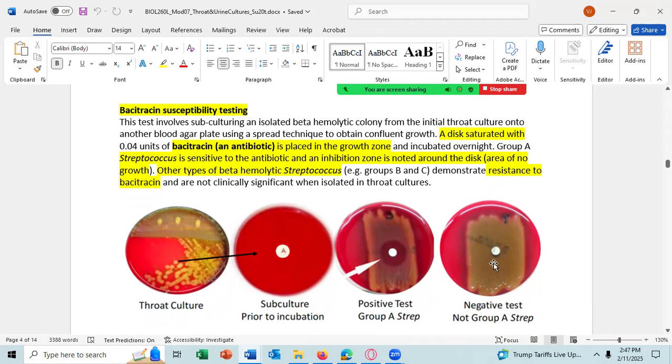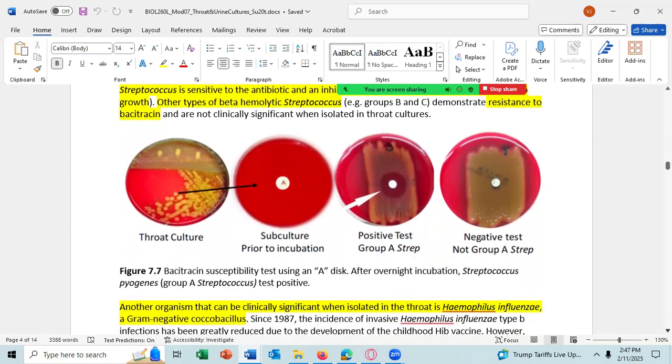If, on the other hand, it's negative, meaning there's no zone of inhibition, or the zone of inhibition is smaller than a certain size, then it's negative in the bacitracin test, and it's not Streptococcus pyogenes or group A strep. Any question about any of that?